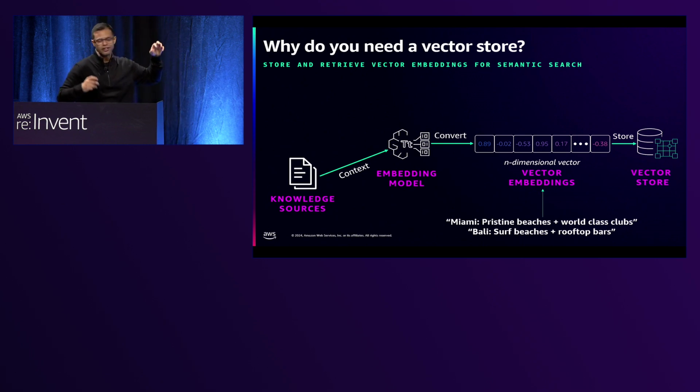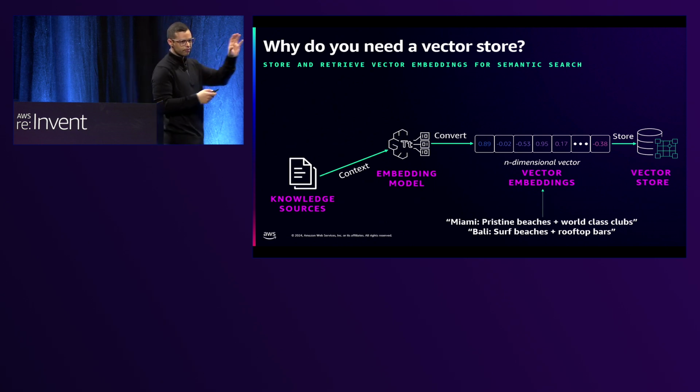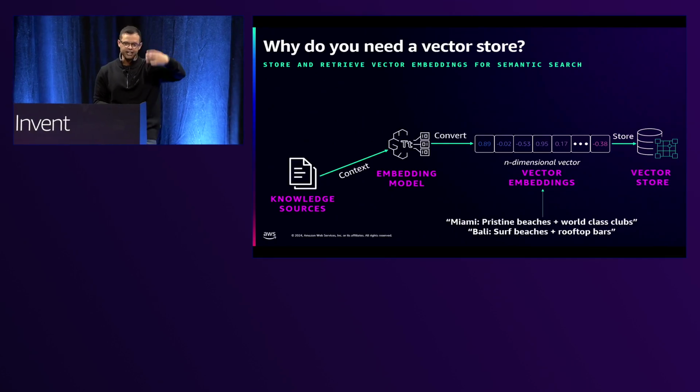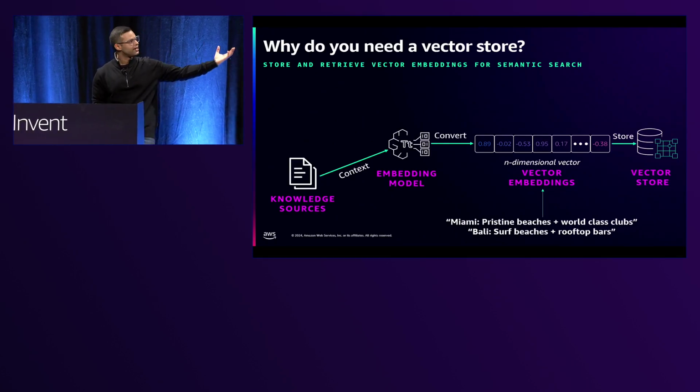Think about a three-dimensional array times 1,000 times 1,000 times 1,000. It's a massive dimensional array of floating point numbers. This is the wealth of information, actually adding meaning to the sources that we store in the vector database in the form of vectors.